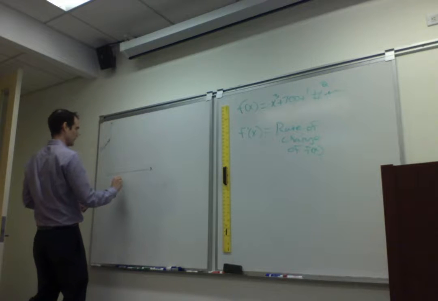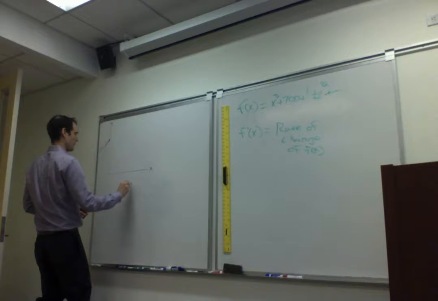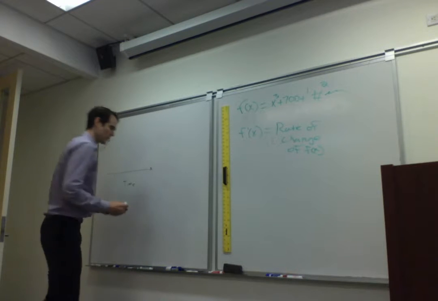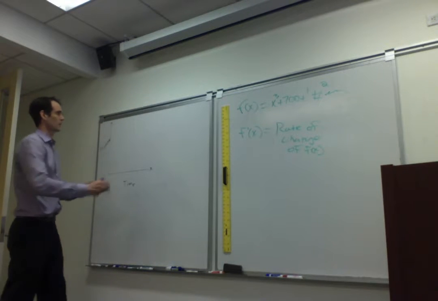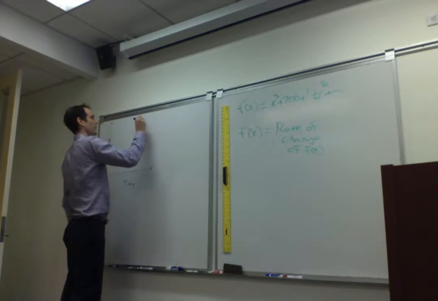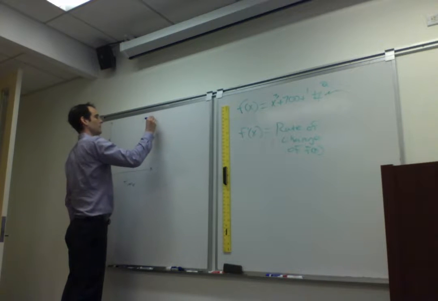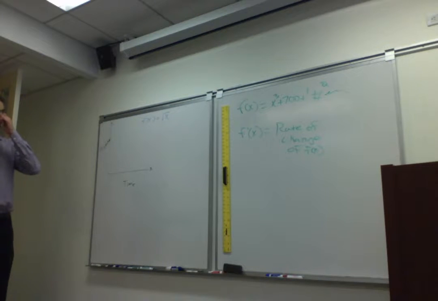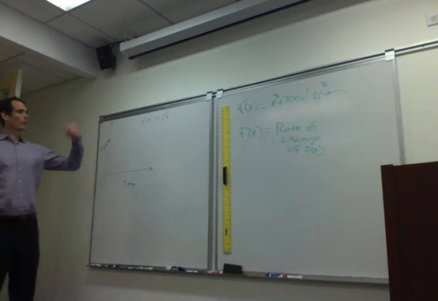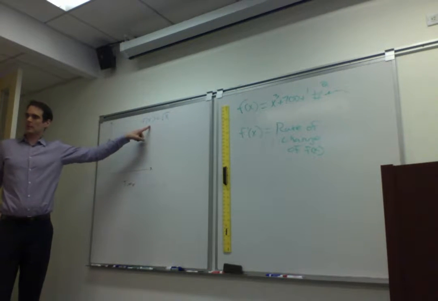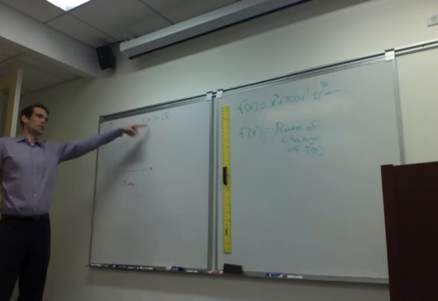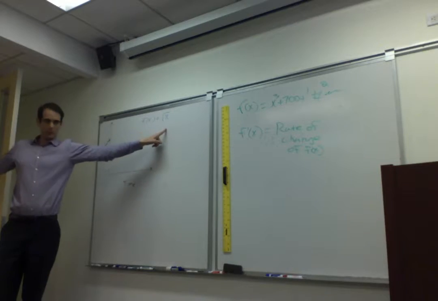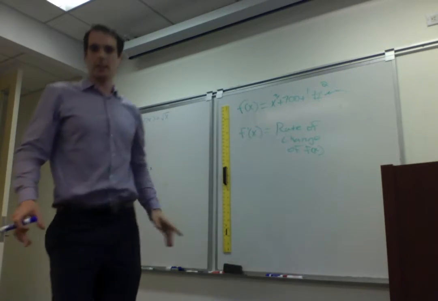On the x-axis we have time. Now the function we practiced graphing last time is f of x equals the square root of x. So we put in x to this function, and what does the function spit out? Square root of x. Fantastic.